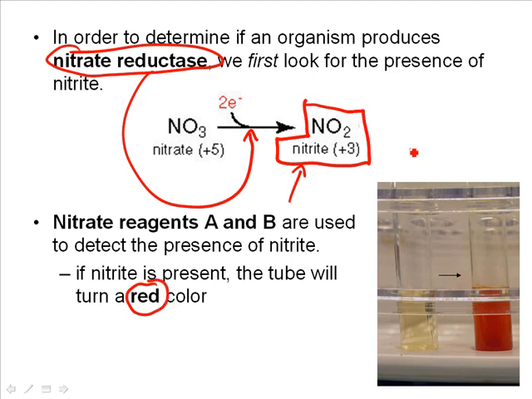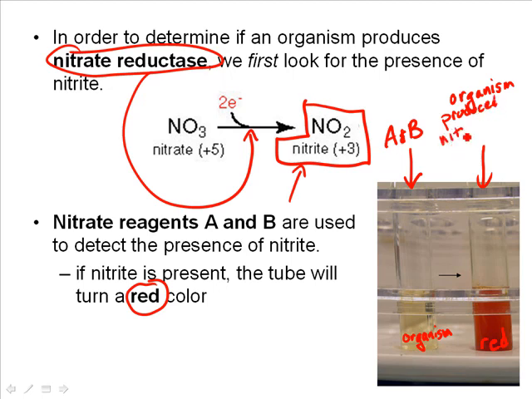So let's follow it here. Here's our nitrate tube. Our organism has had 24 hours to grow. We add reagents A and B to the tube, and as we can see, the tube has turned a nice red color. That red color is an indication that this organism produced nitrate reductase.